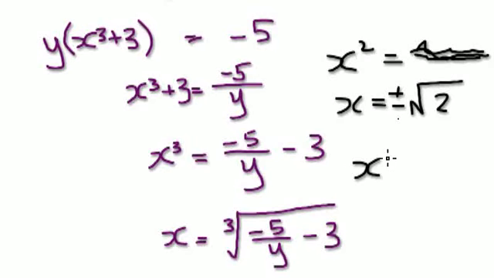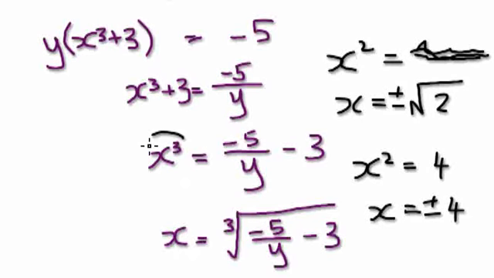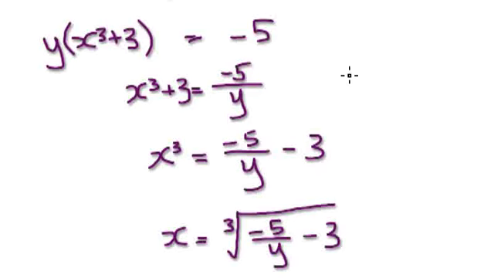So, for example, if x squared equals 4, then x equals plus or minus 2. You have two versions, but here you've got x to the power of 3. So let's just say x to the power of 3 equals, let's say, 27.